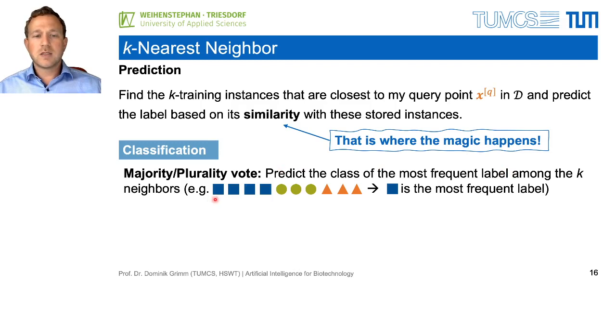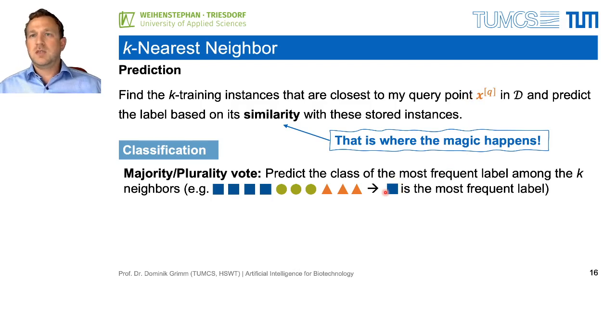So let's look at this example. Here we have 4 blue squares, 3 green circles, and 3 orange triangles, and then we just look at the frequency of these items or of these classes. These are all our 3 classes. Then we see the squares are more frequent than all the other classes, so the data point xq, our query point, will be assigned the label of the square.